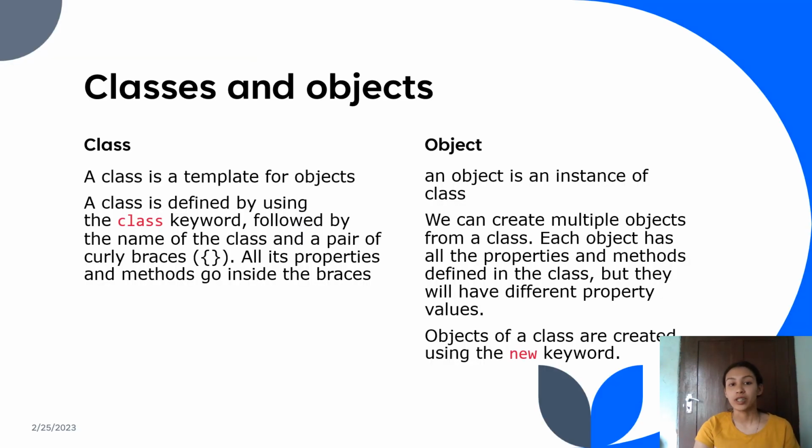So our topic, classes. What are classes and objects? A class is the template for the object and the object is the instance of the class. For example, let's take fruit as a class. There are different varieties of fruits. Let's take apple, banana, orange, grapes.